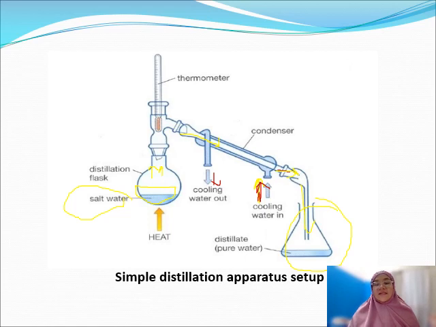This is simple distillation, which only uses a condenser to cool down the vapor, and involves the distillation flask, by heating the samples or the mixture.